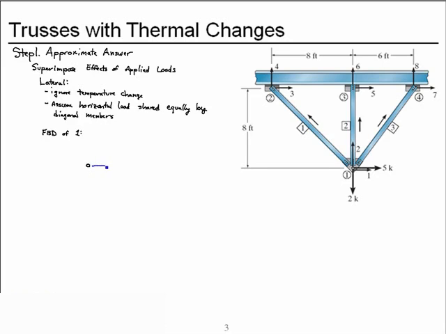We have just the 5 kip applied lateral load. We're not going to consider the 2 kip load right now. Force in member 1 due to just this load. Force in member 2.